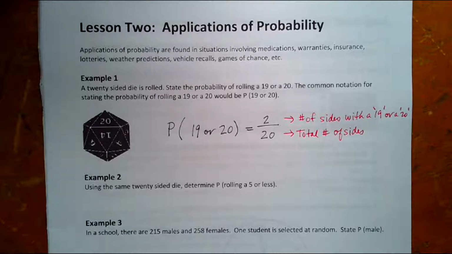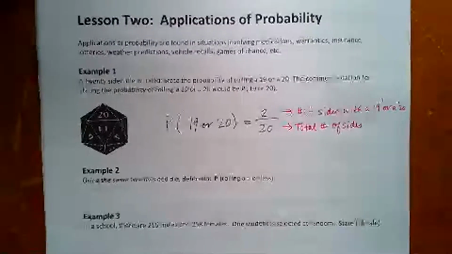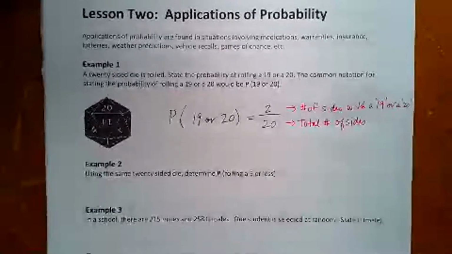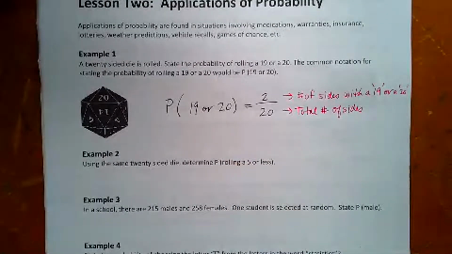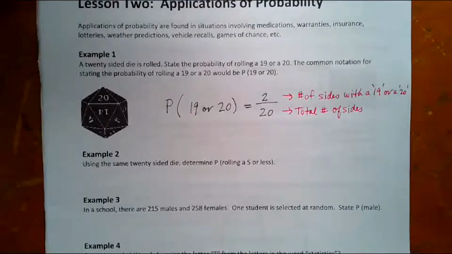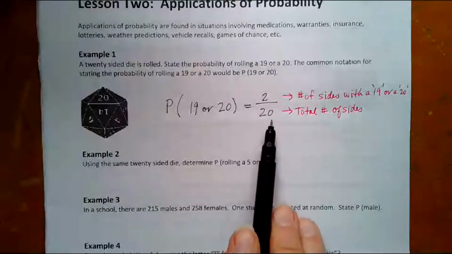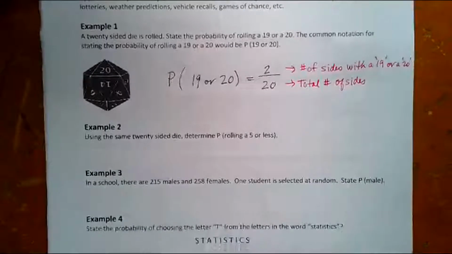There's one side with a 19, one side with a 20, so 2 altogether. A percent or a decimal, you can just leave it as a fraction. Remember, we have the 3 main forms of probability that we're going to be using: fractions, decimals, percents. We spent a fair bit of time in the first lesson working our way back and forth between those 3. So I can just leave my number as a fraction.